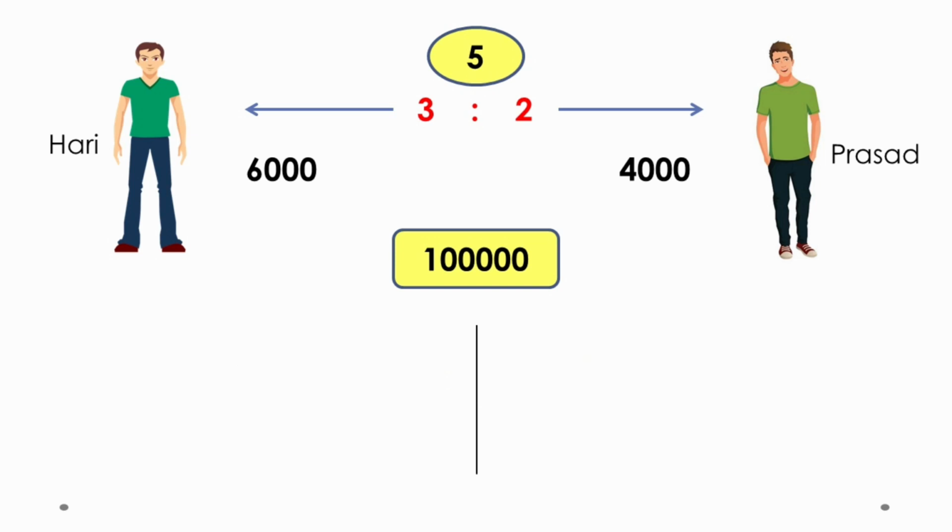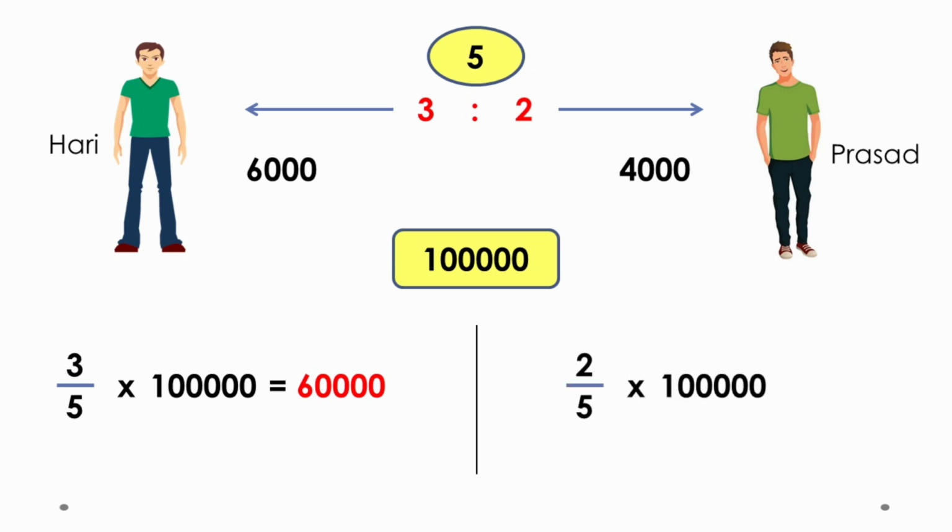So Hari's share in the profit will be 3 by 5 multiplied by 1 lakh, which is 60,000. And the share of Prasad will be 2 by 5 into 1 lakh, which is 40,000.